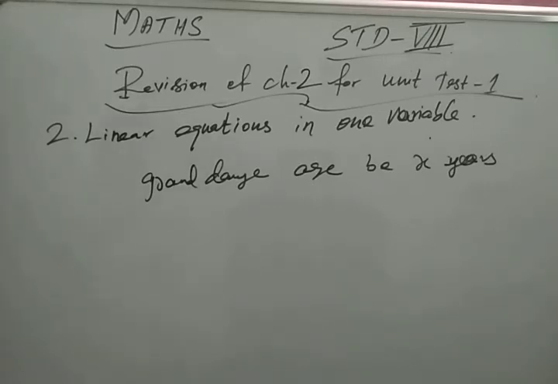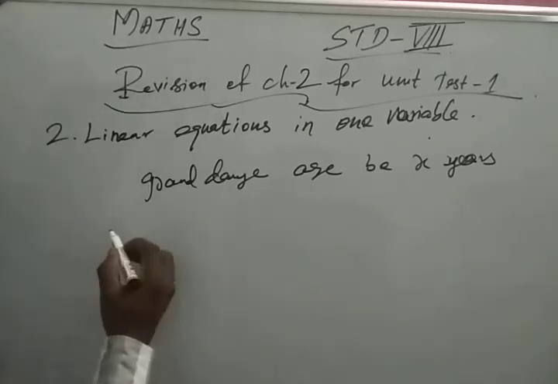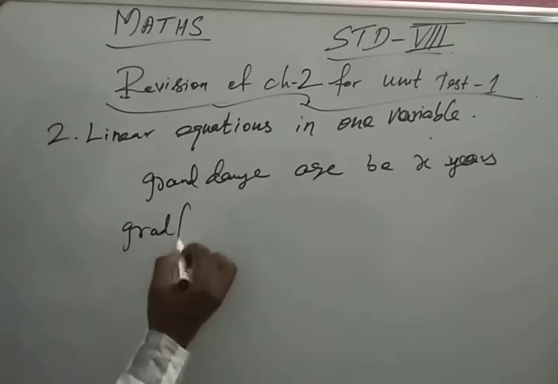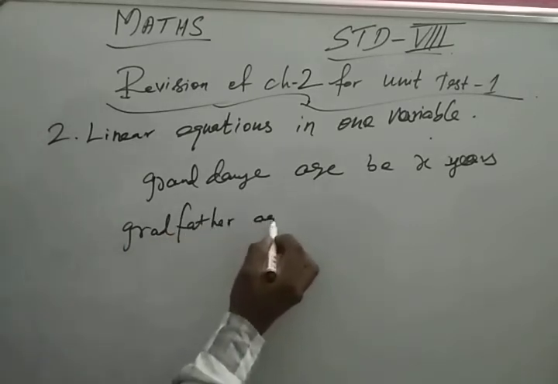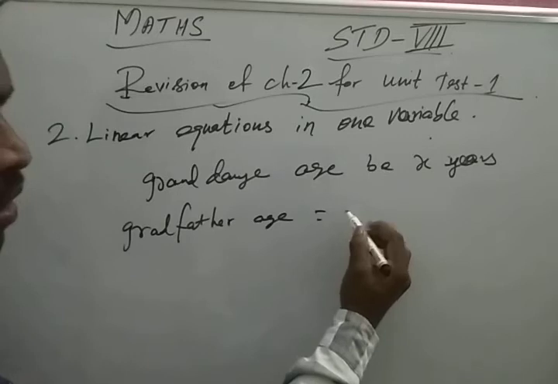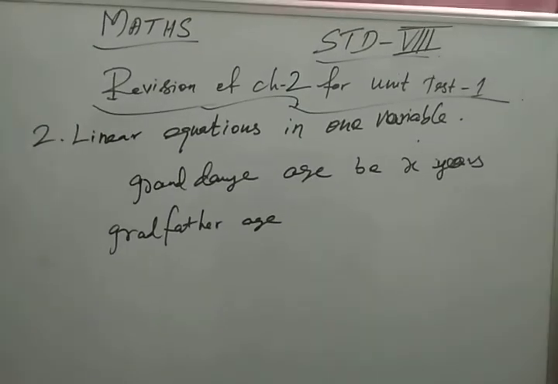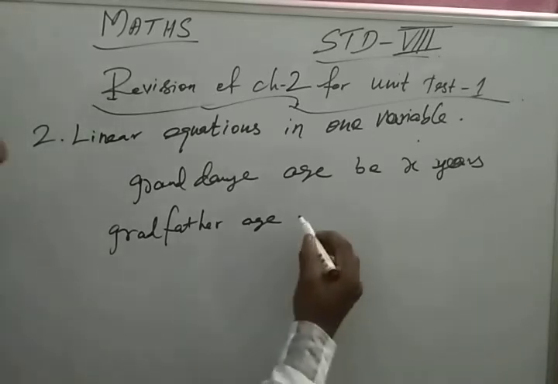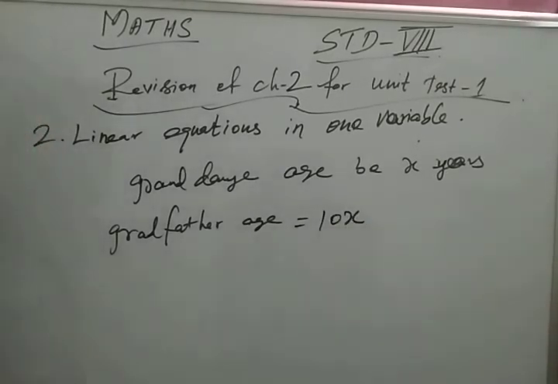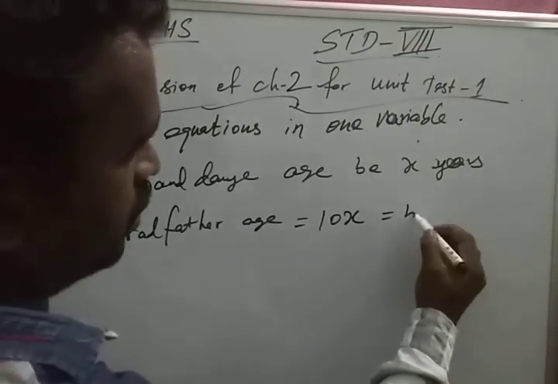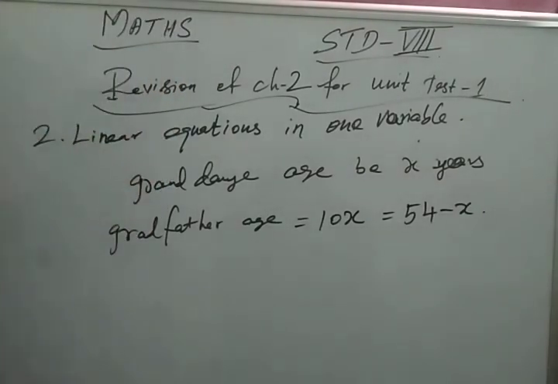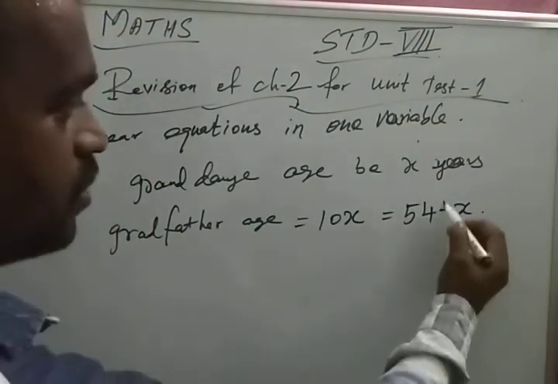So we can take grandfather's age is equal to 10x, and also 54 years older than her, that is 54 plus x.